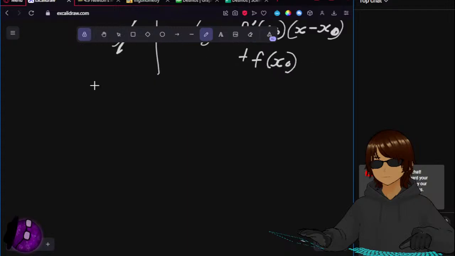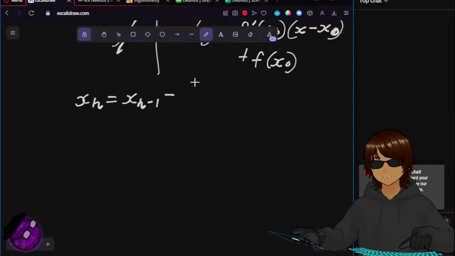So xn+1 is equal to the old xn minus f(xn) over the derivative f'(xn).